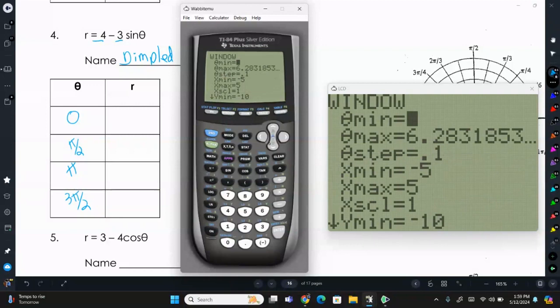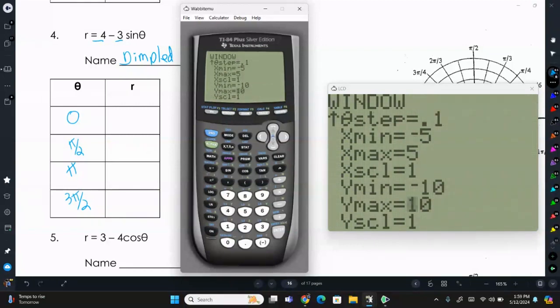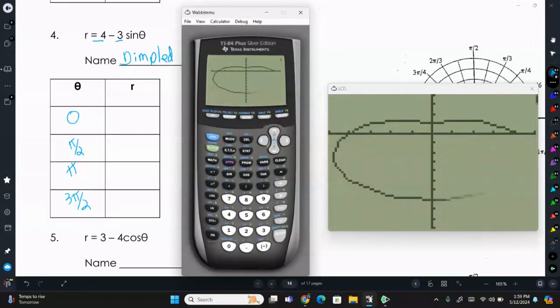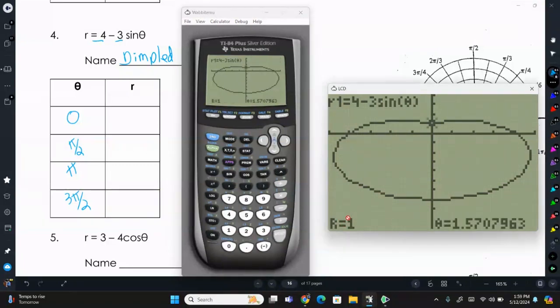And if we wanted to, the y max we could have left at 4, because that didn't really give us any new information. All right, so when theta is 0, r is 4. When theta is pi over 2, r is 1.